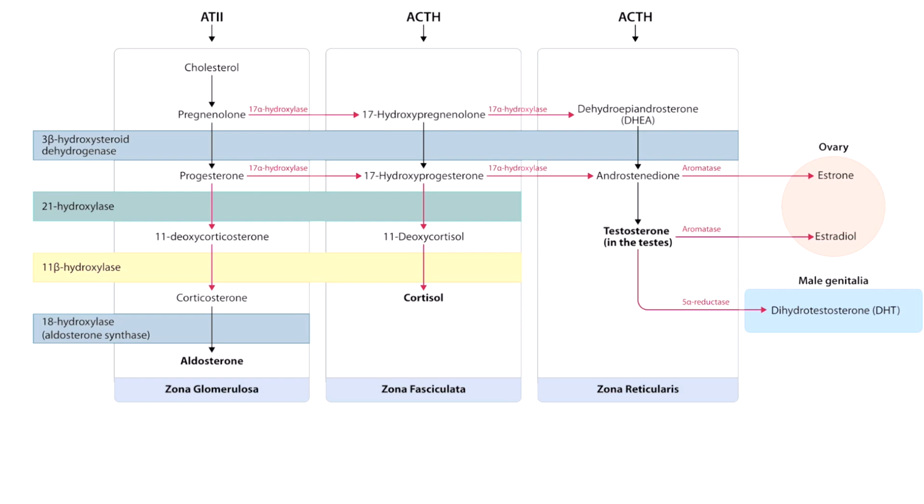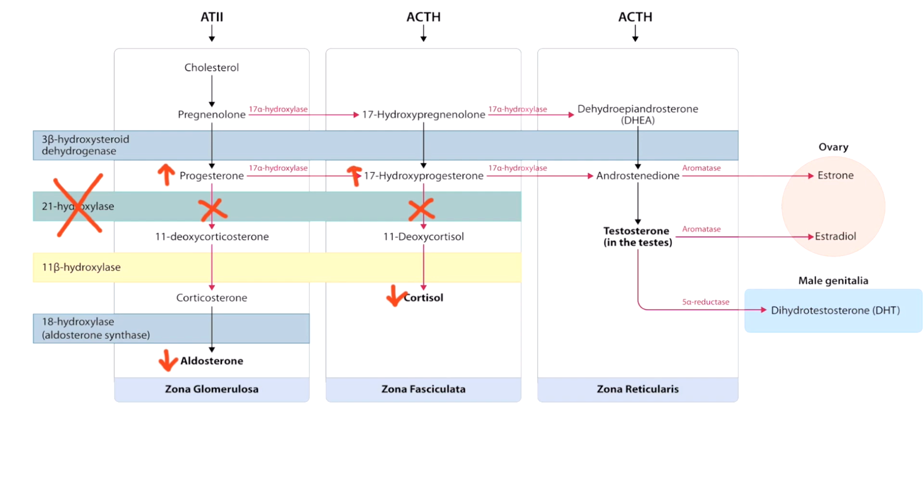Let's examine the pathophysiology of congenital adrenal hyperplasia using this figure, which illustrates key enzymatic reactions that take place within the adrenal cortex. A deficiency or absence of 21-hydroxylase slows down the production of aldosterone in the zona glomerulosa and cortisol in the zona fasciculata of the adrenal cortex, which leads to the buildup of progesterone and 17-hydroxyprogesterone.